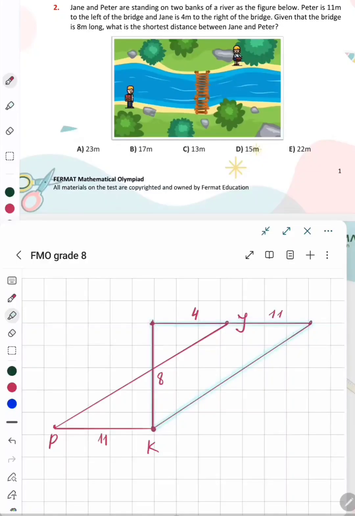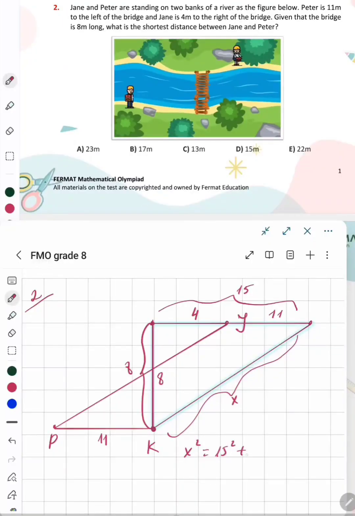So one leg is 4 plus 11, which is 15. The other leg is 8. We have to find the hypotenuse. So x squared equals 15 squared plus 8 squared. x squared equals 225 plus 64. x squared equals 289, and x is 17. This is our final answer.